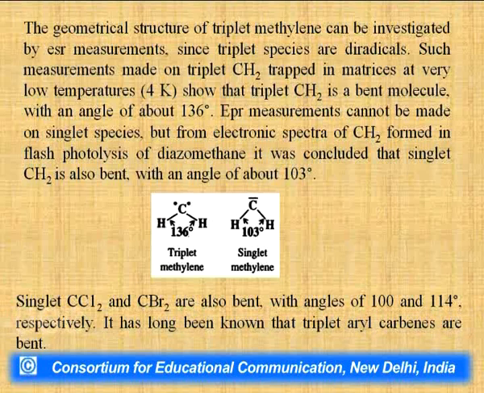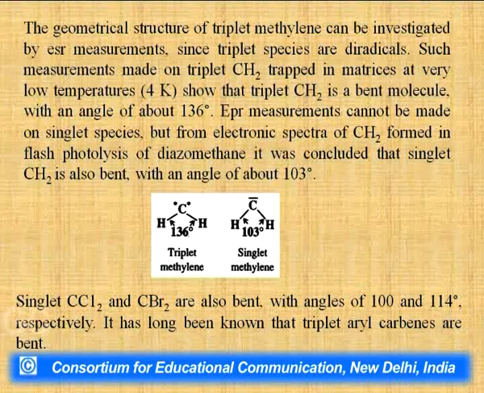From the electronic spectra of CH2 formed in the flash photolysis of diazomethane, it was concluded that singlet CH2 is bent with an angle of 103 degrees. Singlet CCl2 and CBr2, dichlorocarbene and dibromocarbene, which are singlet, are also bent, with bond angles of 114 degrees and 100 degrees respectively.